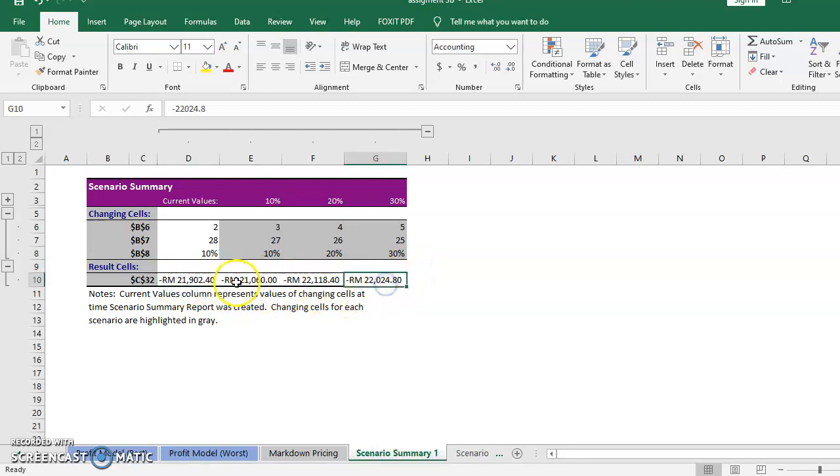The best one is 10% for 3 days discount, but still negative, so it is not good for my business. So my decision is to put down the discount sales.